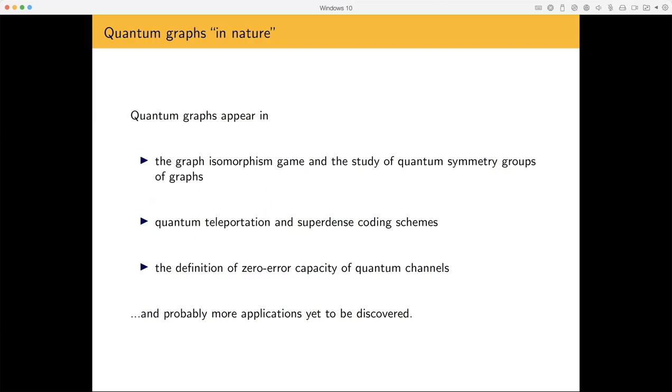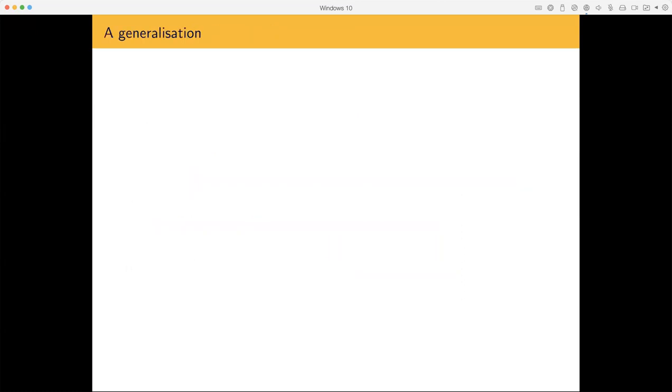Basically, any combinatorial result for graphs which can be phrased in a way which generalizes, you can ask for quantum graphs, and typically the answer is not obvious, and you have plenty of things to understand there. Okay, but let me now move on and tell you about our project.